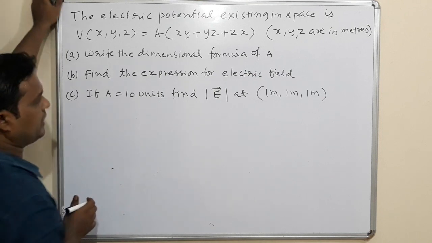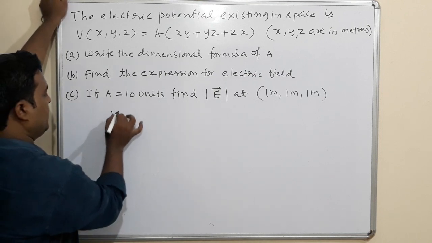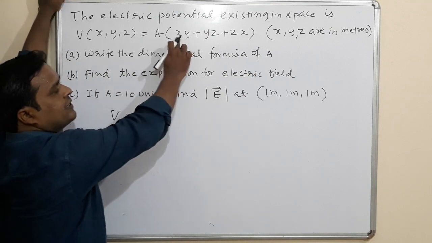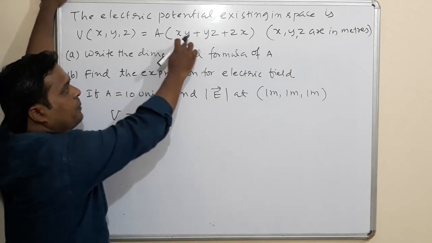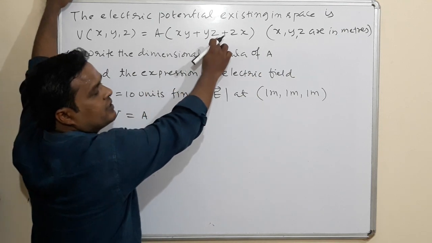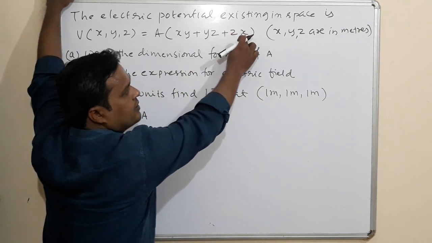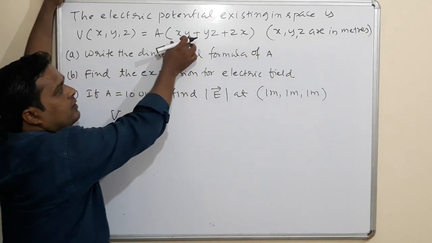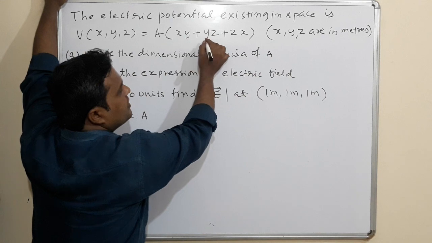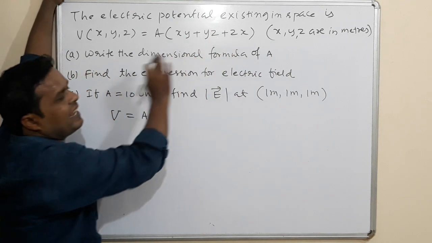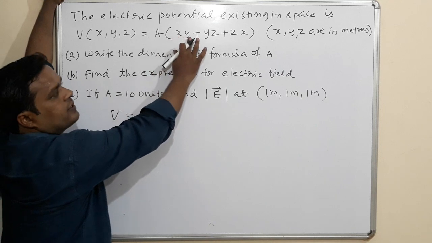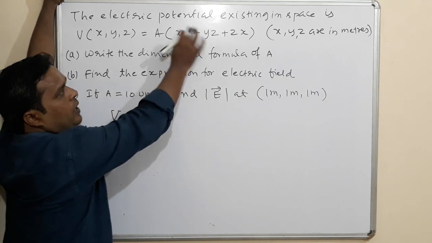Dimensional formula of A: V is equal to A into, this is distance, this is distance. That means distance into distance will be distance square. This term indicates distance square. x, y, z are measured in meters, so this is distance, distance, distance square, L square.